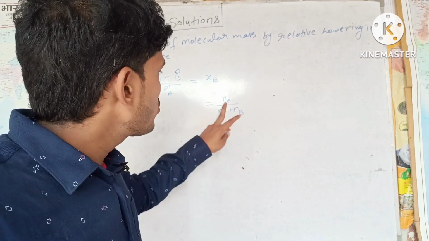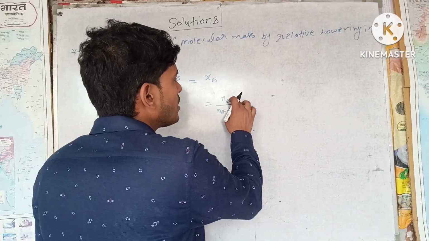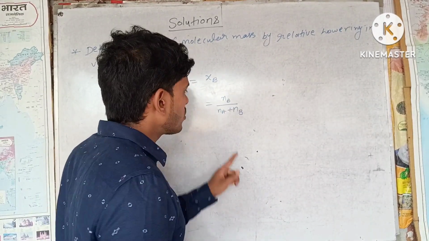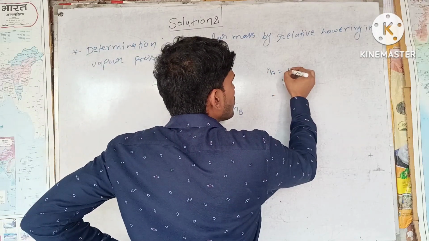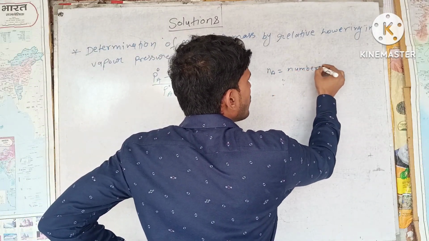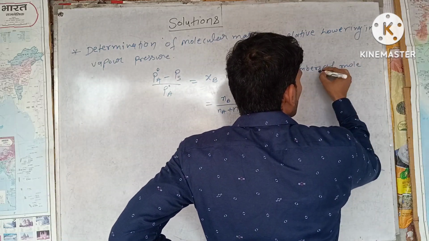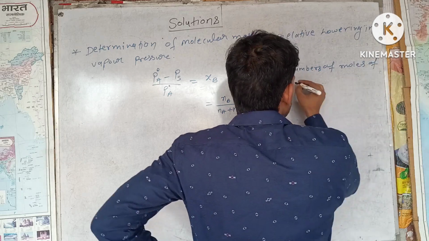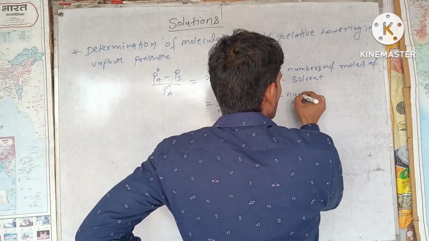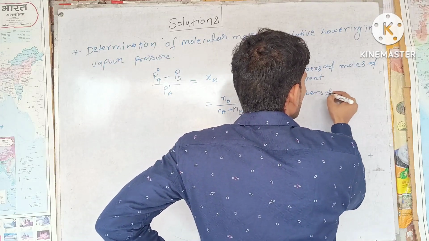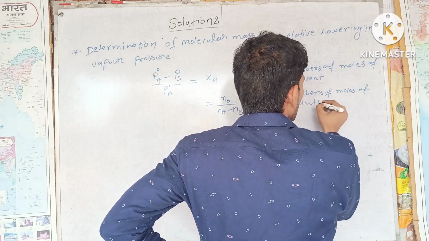Okay, you know that we have two components in the particular solution. So nb is the number of moles of solute, na is the number of moles of solvent. So na equal to number of moles of solvent, nb equal to number of moles of solute.